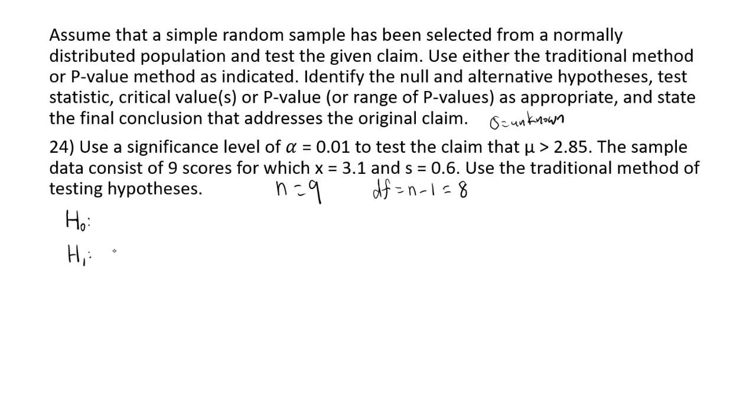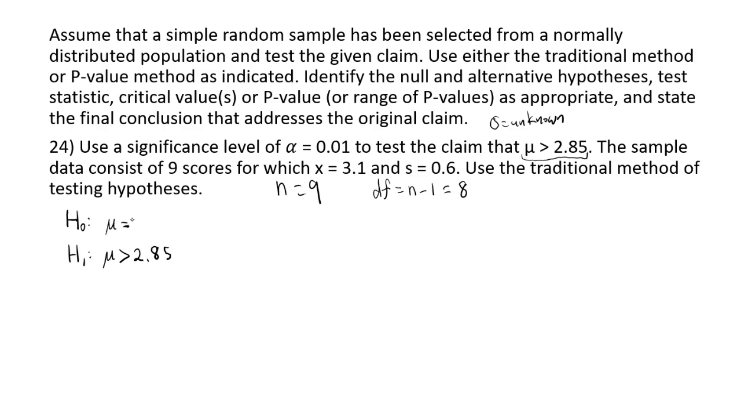And because mu strictly greater than 2.85 is the claim, anytime you have a strictly greater, then that becomes the alternative hypothesis. If you have something equal to something, that's the null hypothesis.